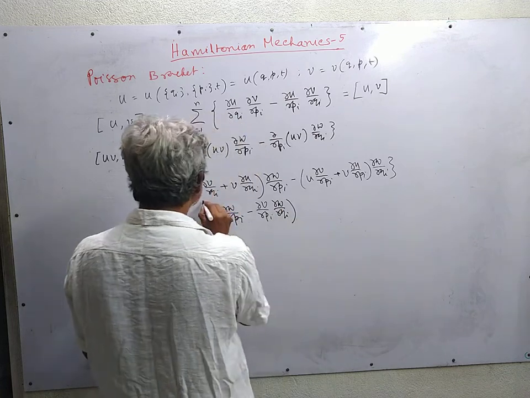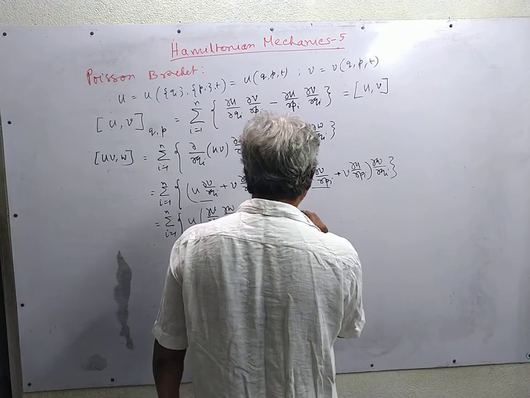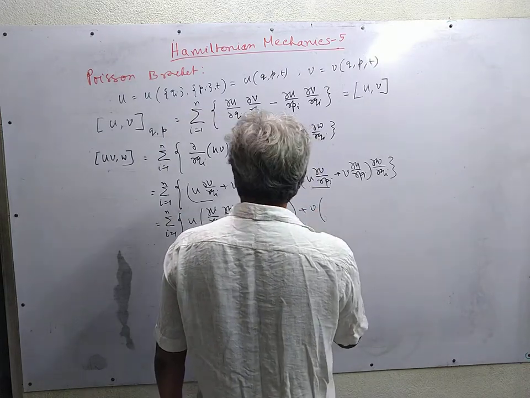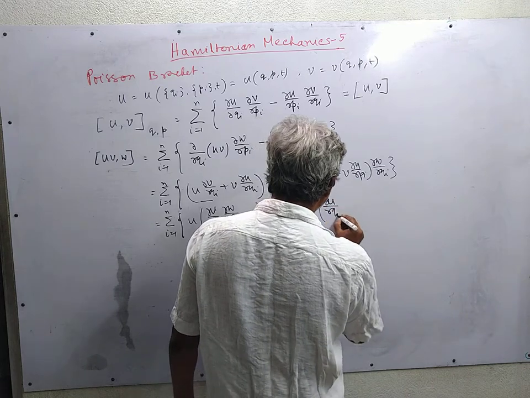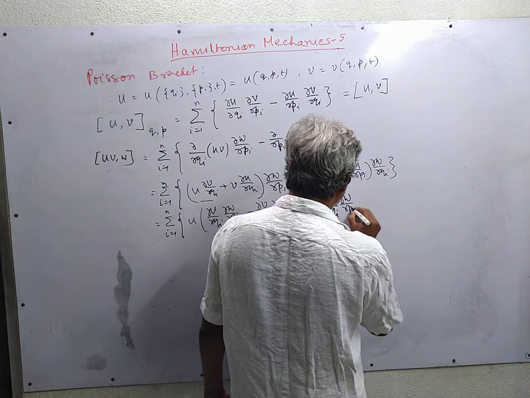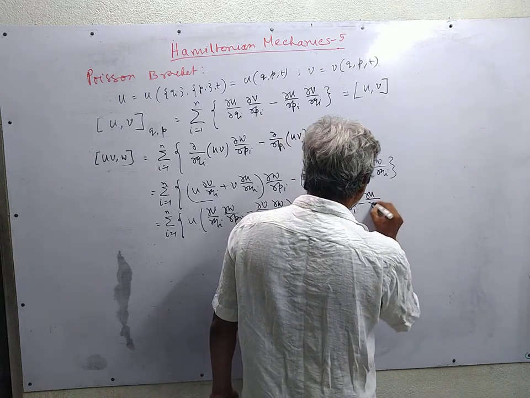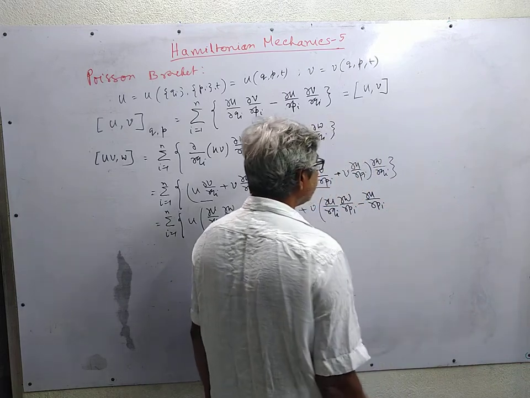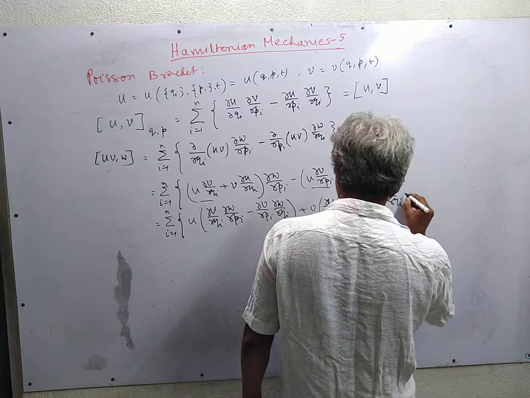Here we have considered these two terms, and from the other two terms we take V out, and we have del U del Qi from this term, del W del Pi, minus del U del Pi del W del Qi.